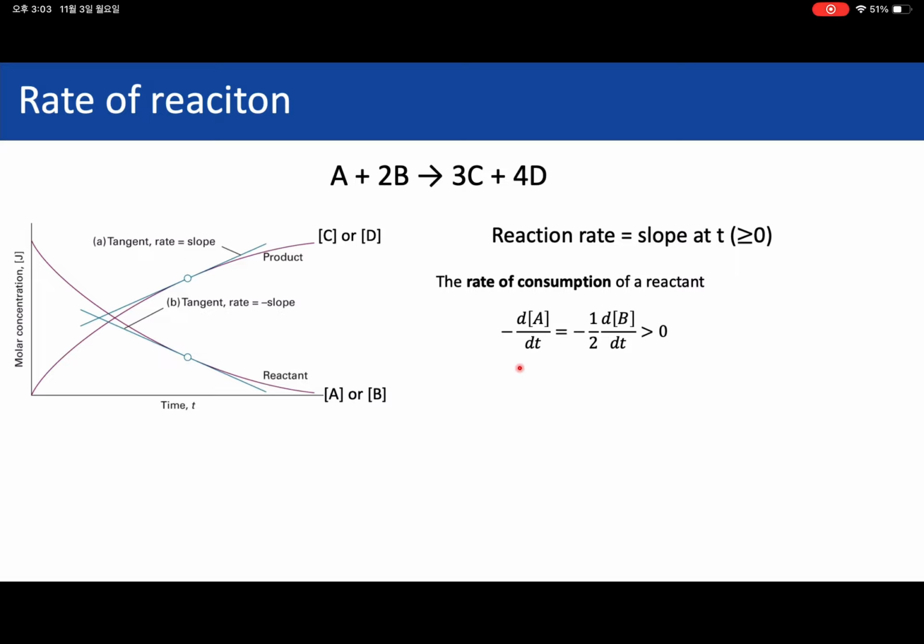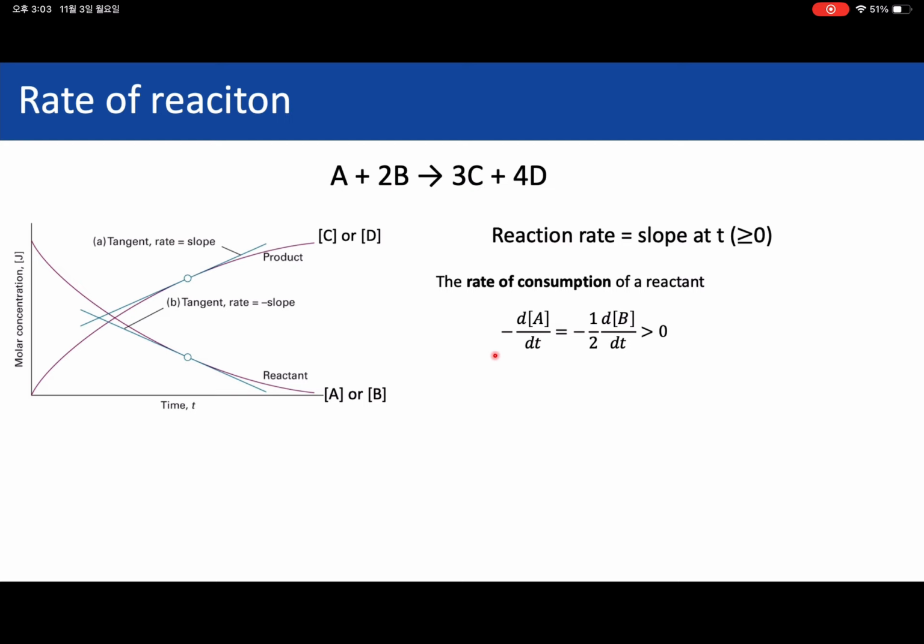So the rate of consumption is simply the slope of the molar concentration of the reactant with respect to time, but there is a factor, which is the stoichiometric coefficient of the reactant.